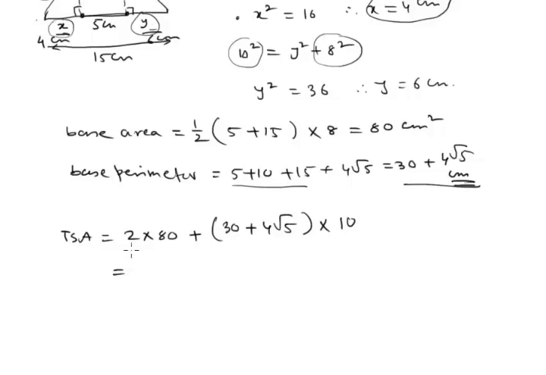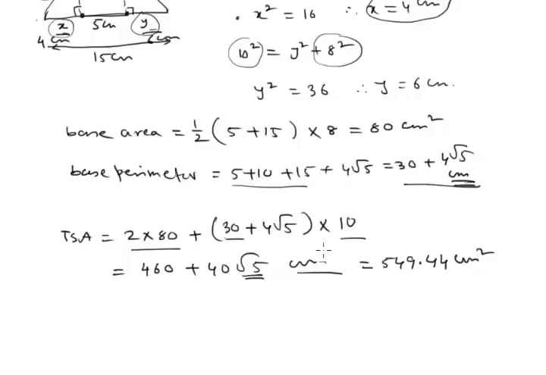So if we calculate it, this is 160 and this is 300, so it will be 460 plus 4 times 10, which is 40 root 5 centimeter. If we use a calculator to calculate this root 5, multiply and add them together, in total we will get 549.44 centimeter square. This is an area, so its unit will be centimeter square.